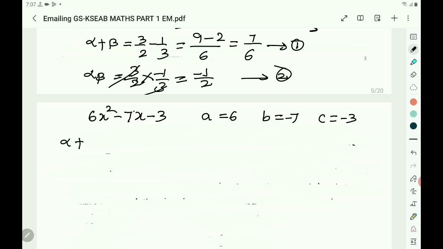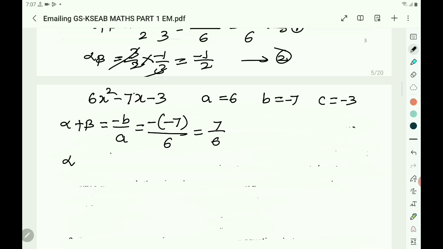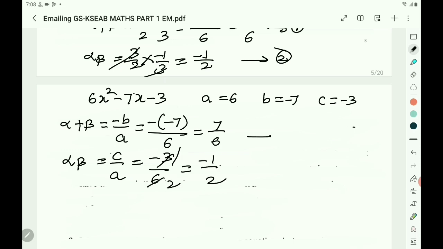Then alpha plus beta in terms of the coefficients is −b/a, which equals −(−7)/6. You got 7/6. Then alpha beta equals c/a. c is −3, a is 6, which equals −1/2. Consider this is the third one, this is the fourth one.